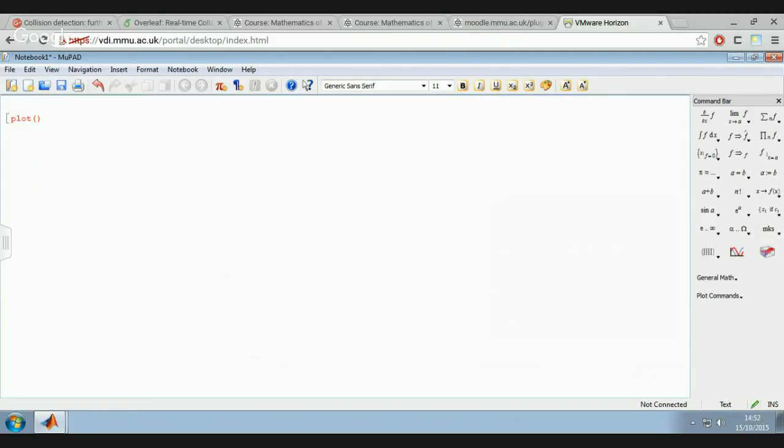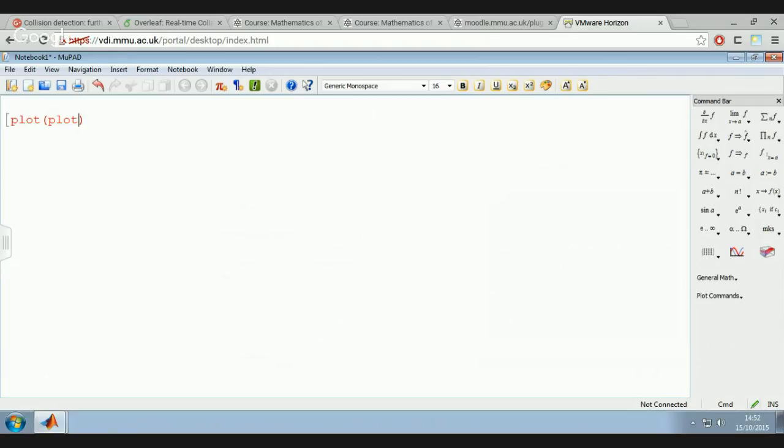Just zoom this up a bit. So using the MuPAD within MATLAB, this is a nice way of plotting cylinders and so on. So I can get it to plot the cylinder quickly.